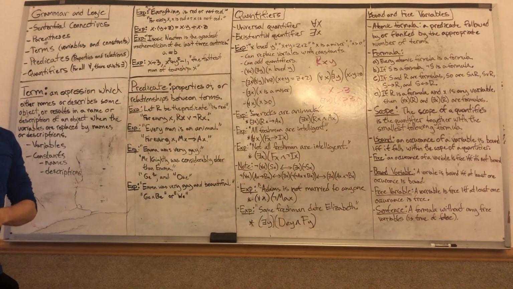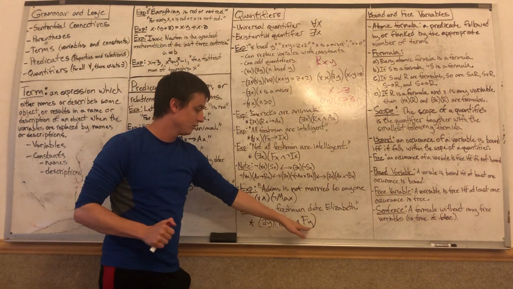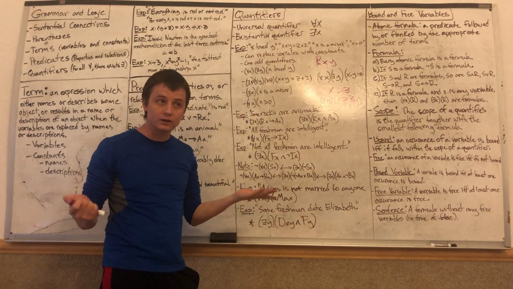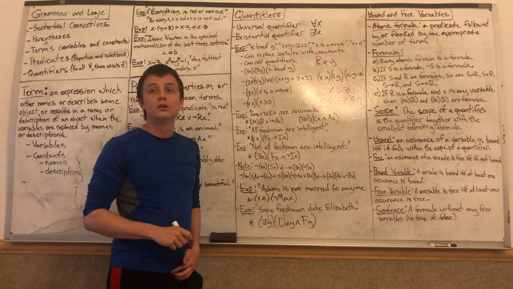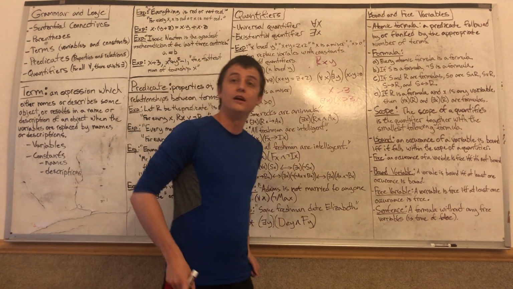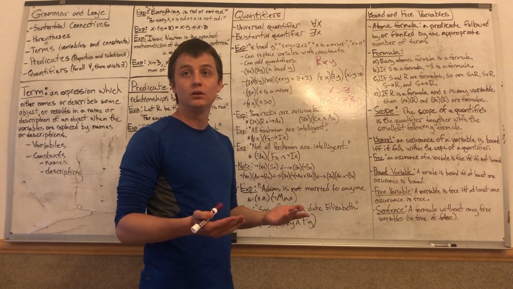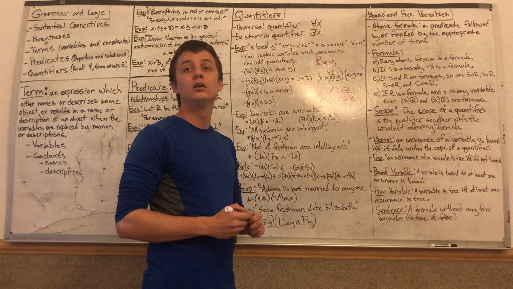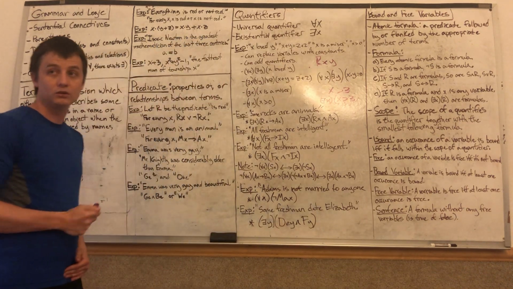Okay, that makes sense. So are relations atomic formulas, if they have the appropriate number of terms? What's the appropriate number of terms for a relation? Typically 2, but it depends.